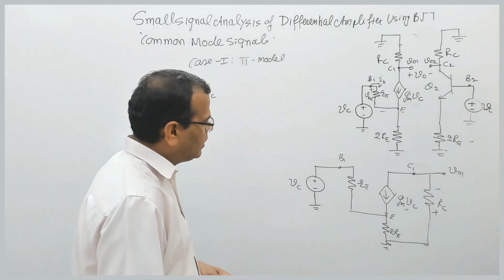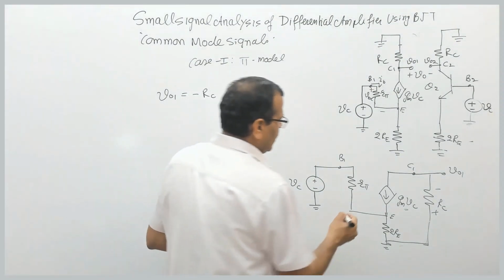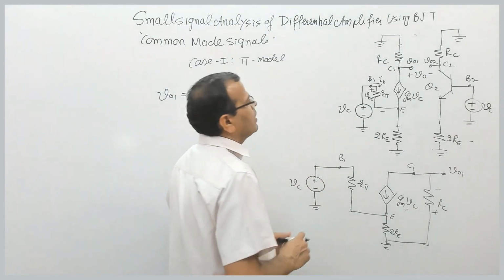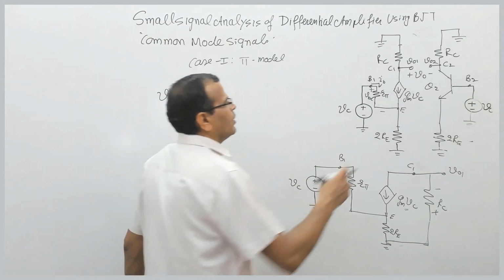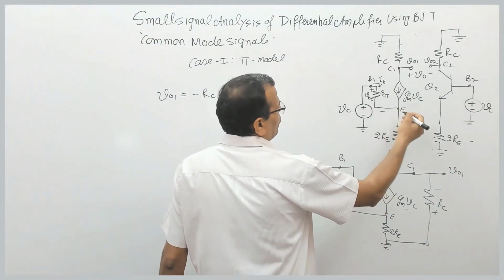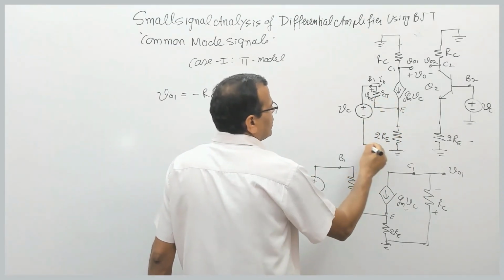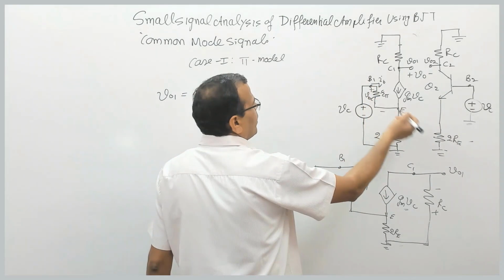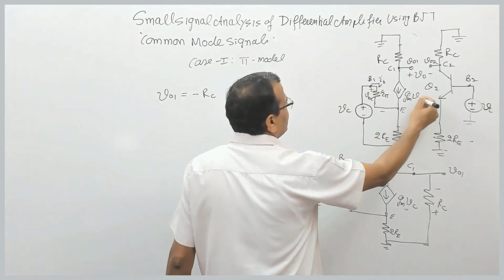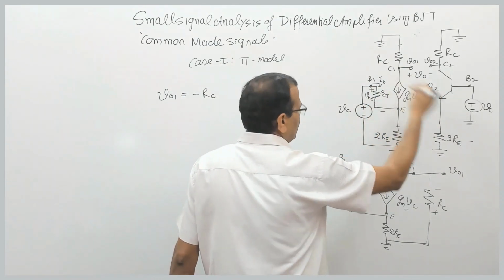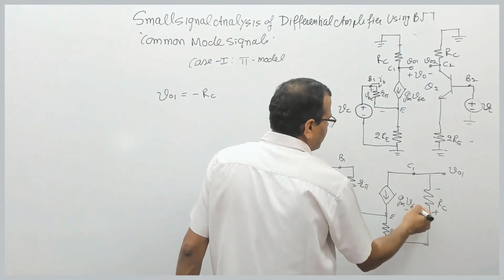So this is E, and there is a small correction here, please note it down. The voltage here, this VC, is between ground and B1, but here this voltage is VB, so I will be taking VBE instead of VC because that will be a mistake.